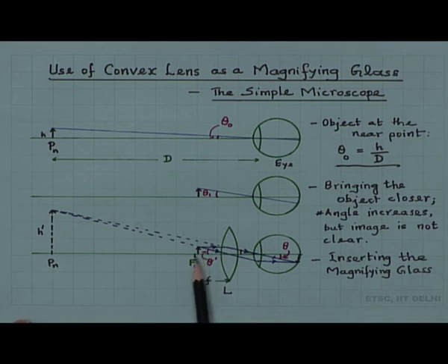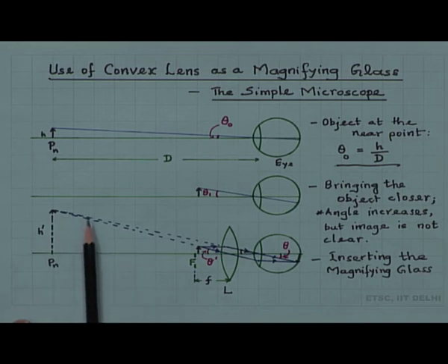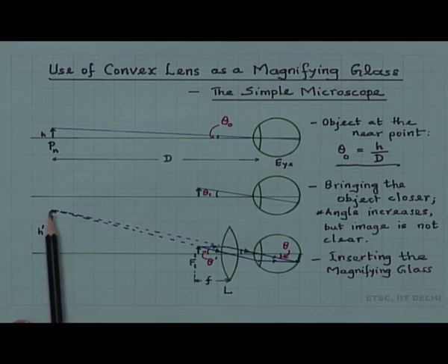In fact, if we place the object exactly at the focus, then the image will be formed at infinity. So, what has been done is the lens has been introduced and positioned in such a place that the virtual image is formed at the near point. If the virtual image forms below the near point, again it will not be clear. The virtual image may be formed anywhere at the near point and beyond.